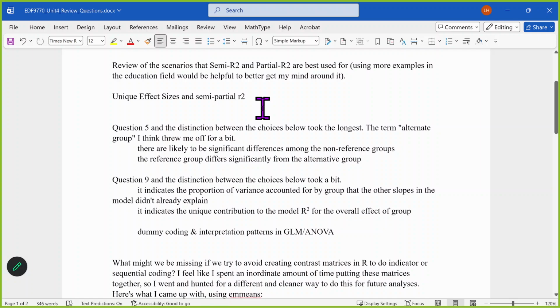I'm not sure. I think there's something about the semi R squared and partial R squared, related to this comment around using examples from the education field, that I would like to play through. I'm just going to come up with a classic one. Let's say we have some measure of math proficiency, and two common conceptual variables.